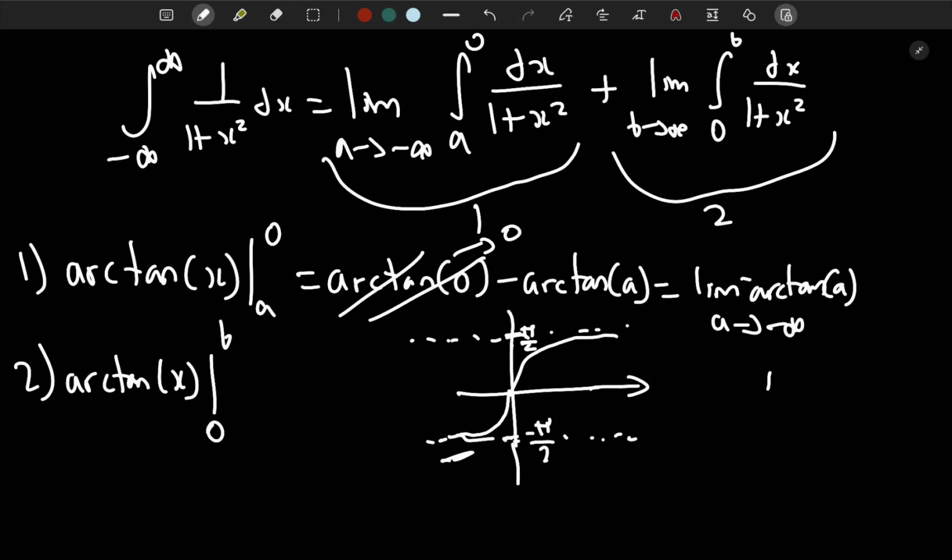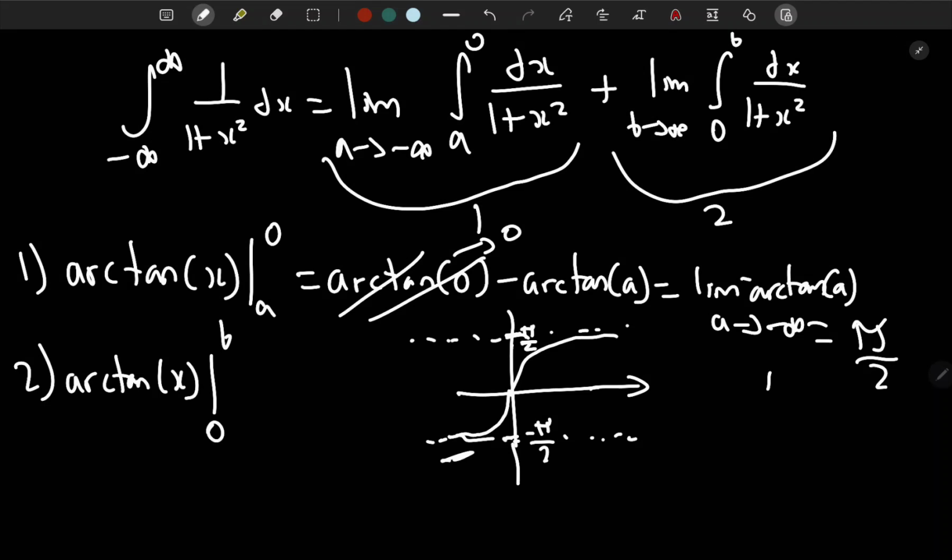And if you now put 9999, you will get 1.57, and you know that is approaching pi over 2. So let's say I put a ridiculously large negative number over here, I'll get the same answer, which is 1.57. So we know that this part over here is going to be equal to pi over 2.